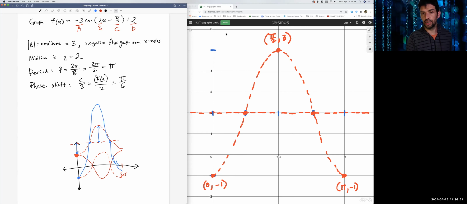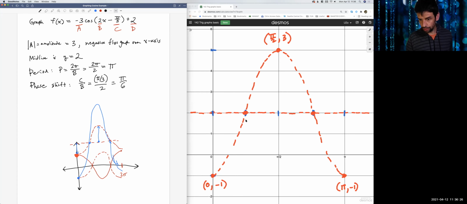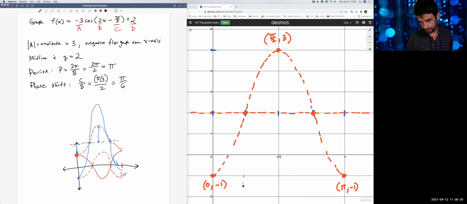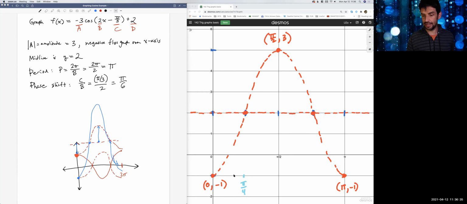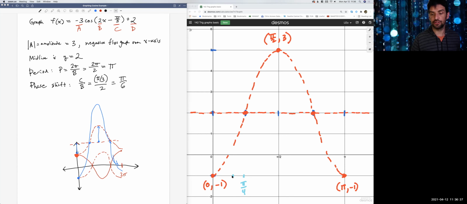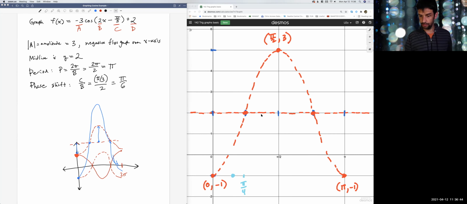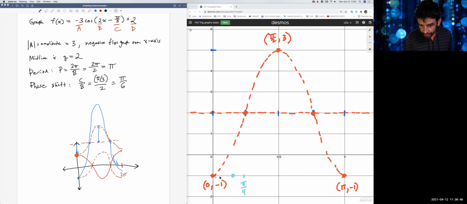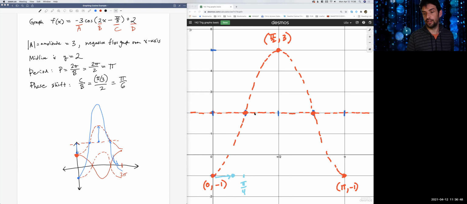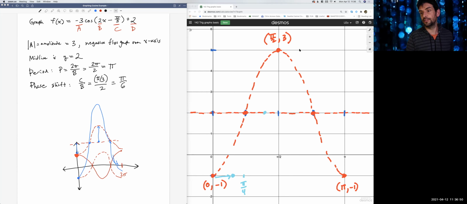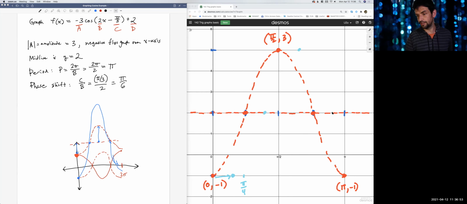Let's do our final graph in maybe this bright blue. So for instance, this point here, about here, is at pi over 4. Pi over 6 is just a little bit less than that. So let's just call it about right here. I'm just eyeballing it. And each point just needs to move over that same amount. So this distance to the right, this distance to the right, this distance to the right, this distance to the right, this distance to the right.